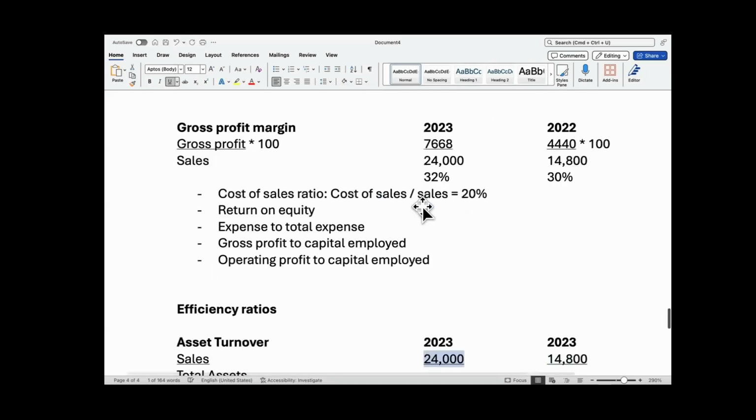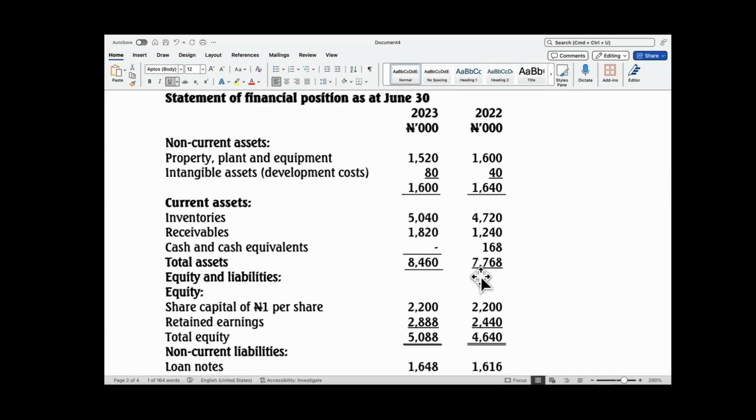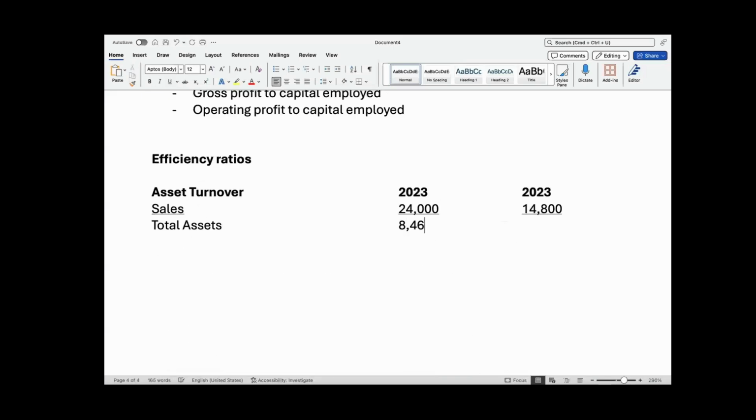My total assets in 2023 is 8460. 2022 is 7768. So do the math.